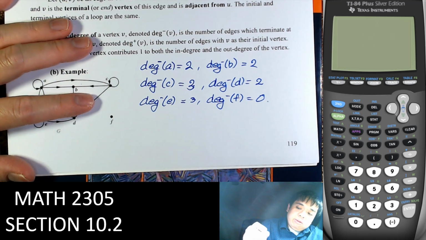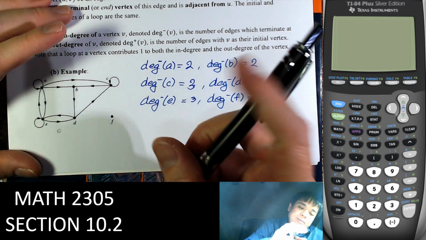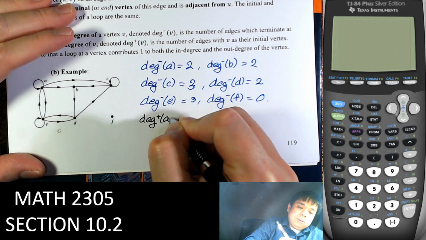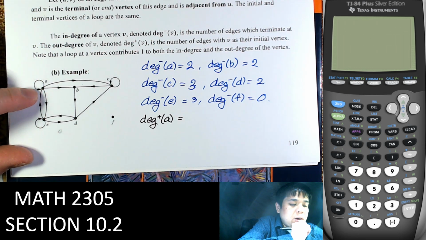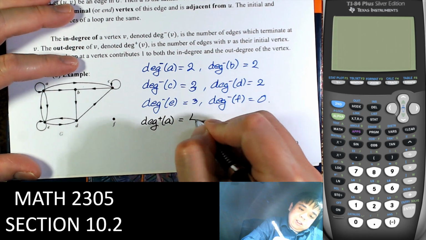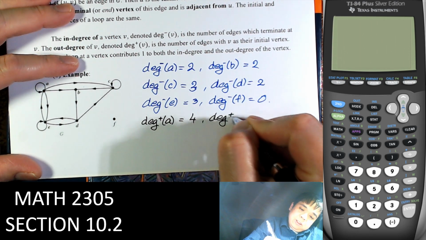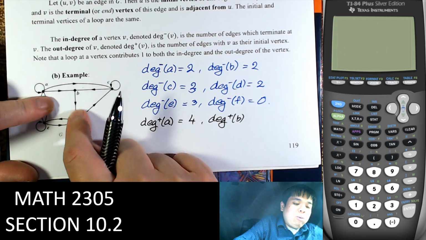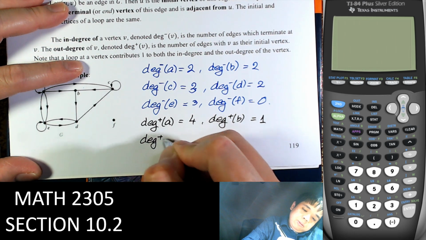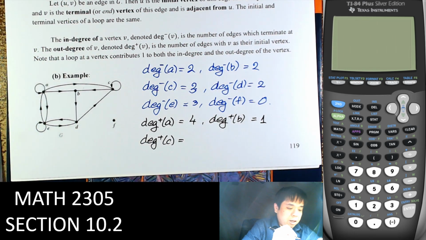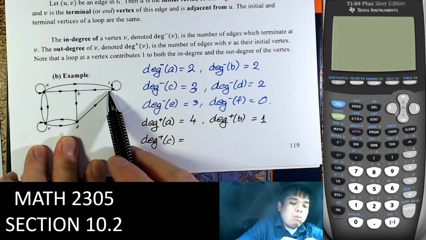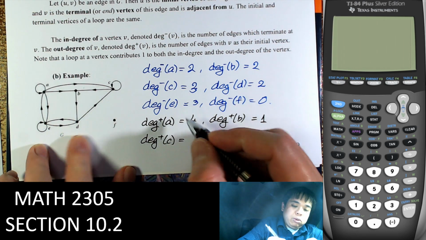Now we'll do the same thing but for the degree coming out. One, 2, and 3, and 4. Coming out 1, C. Coming out 1, 2.